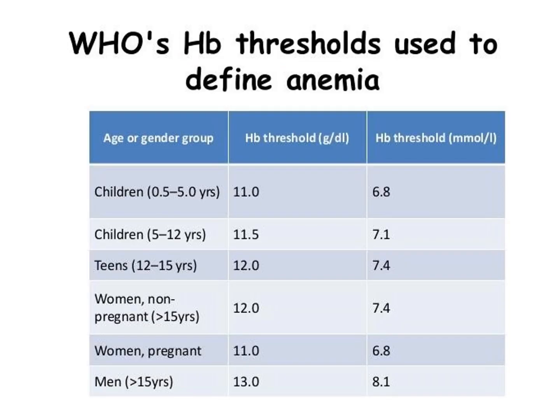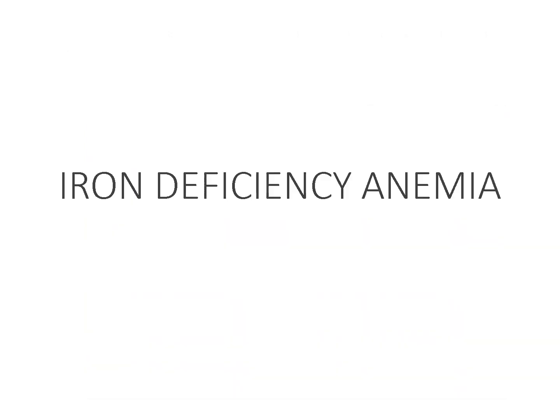WHO has also defined anemia on the basis of hemoglobin threshold. Here the chart is given with the different age groups with the different hemoglobin threshold values. Amongst the different etiological factors in the causation of anemia, we are going to discuss a very important topic, that is iron deficiency anemia.